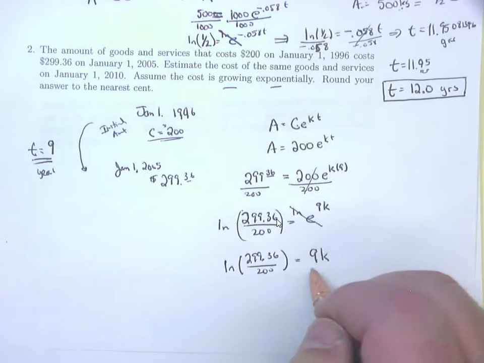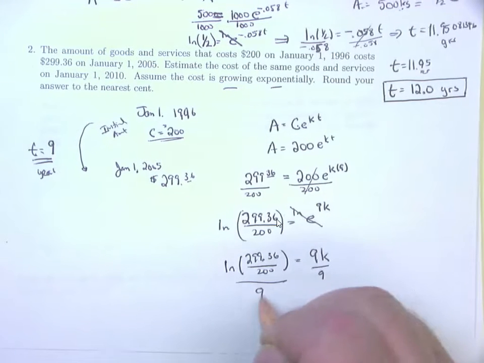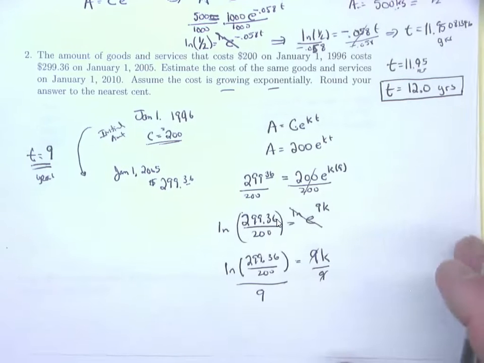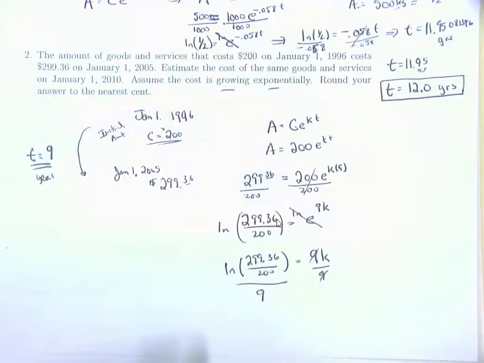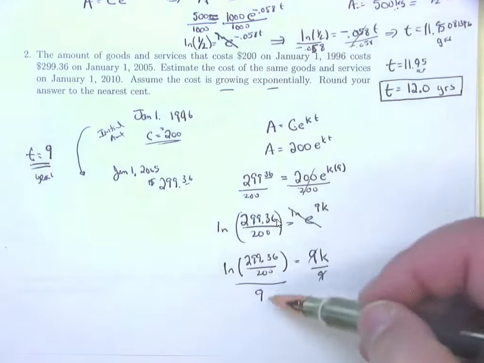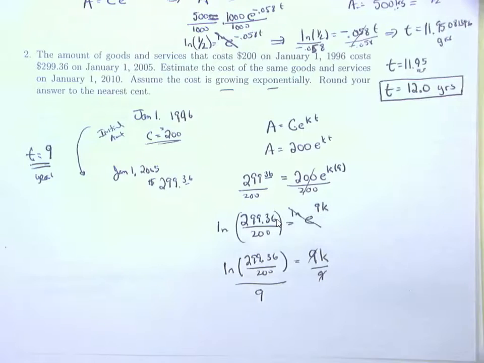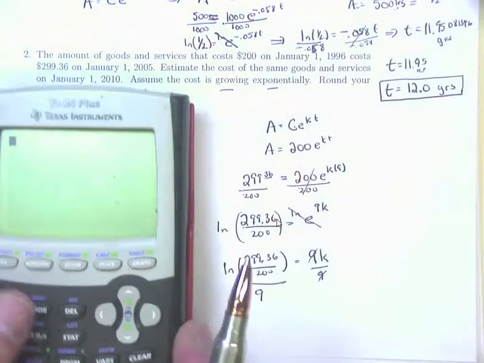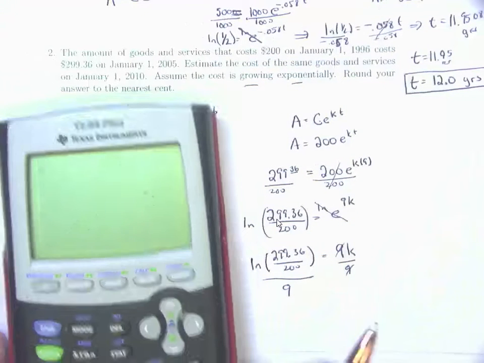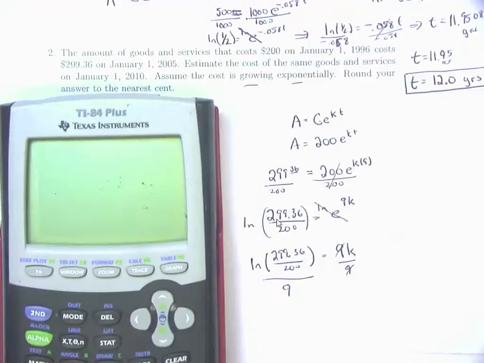Divide by 9. And I want you to see something in here. Because I was looking at a bunch of you guys in the classroom, and you already got your calculator just bunching away on this thing, and I haven't touched my calculator yet. I'm manipulating the equation first, and only at the end will I go ahead and put this on a calculator to get me this k. So, here we go.